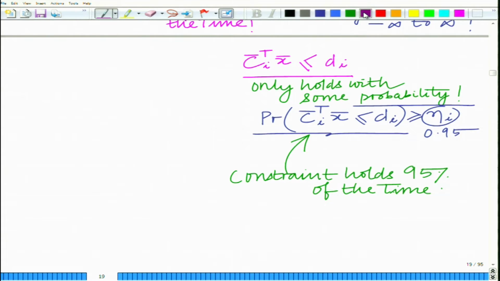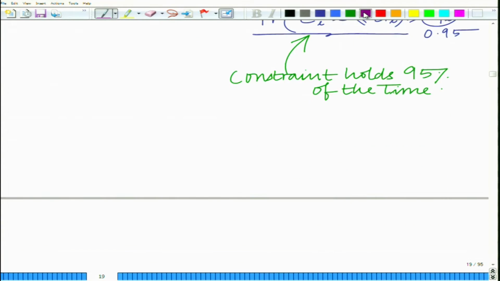And therefore, now I can modify this optimization problem.